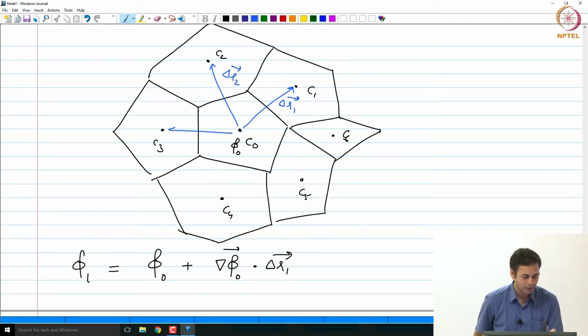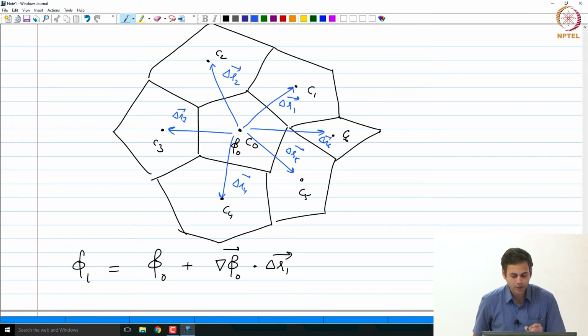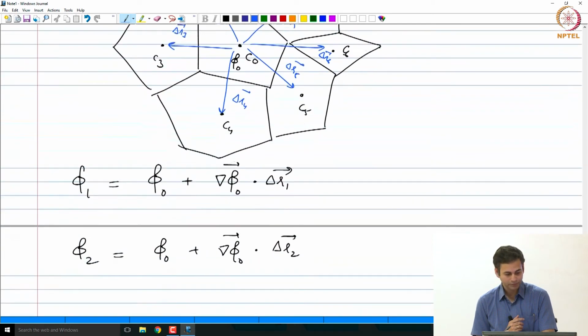And I would have delta R3 bar, delta R4 bar, delta R5 bar and delta R6 bar and so on, as many neighbors as I have. Let us say if I have m neighbors, I would have m of these equations, but there is a problem that you can see right away, right. There is a problem in this approach. Okay, we will come to that problem.